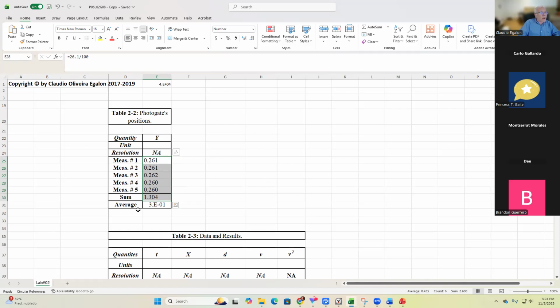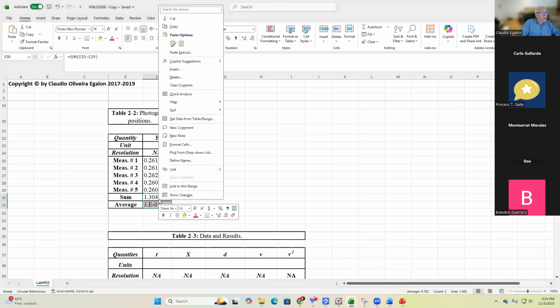Okay? And then when you take the average of this value, you have to divide it by 4, right? First, you have to use the rule of significant figures for summation. And then last, you have to use the rule of significant digits for division. The average is going to be the division of the sum of those 4 measurements.